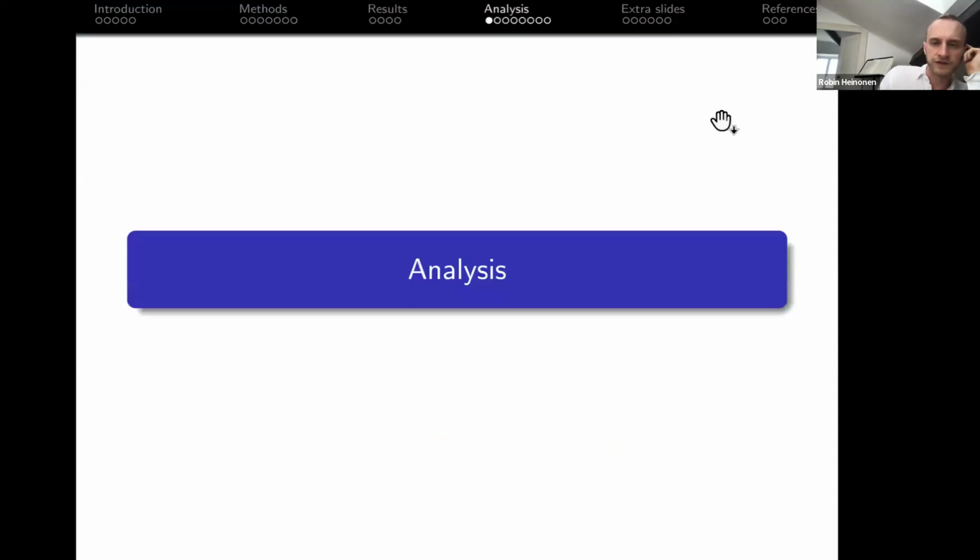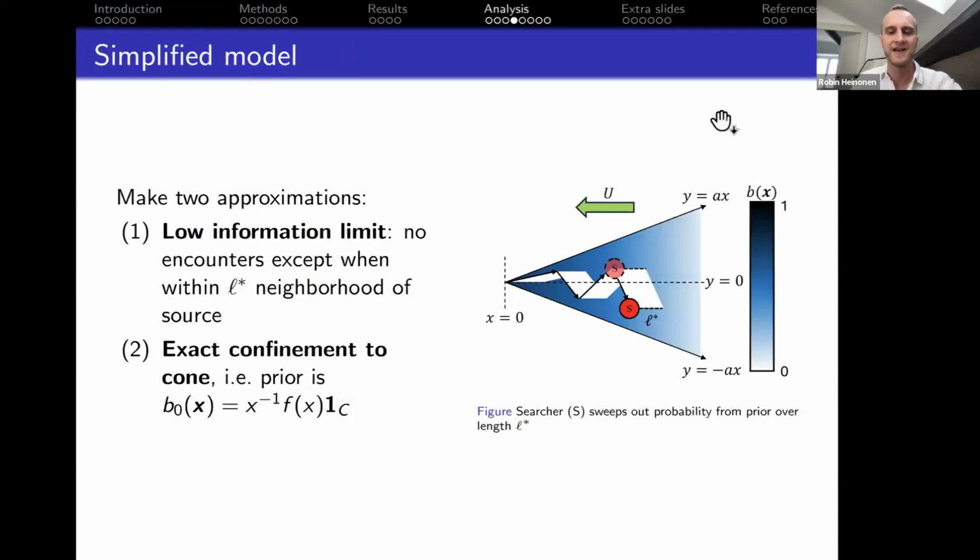Well, that's a multi-part question, so I'll try to answer one piece at a time. First, how can you search with no information? It's not the no information limit, it's the low information limit. You do gain information about where the source is, specifically by learning about where it's not. You are slowly sweeping out your cone of probability.